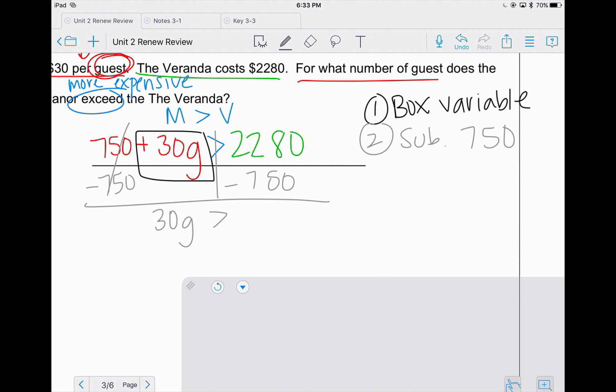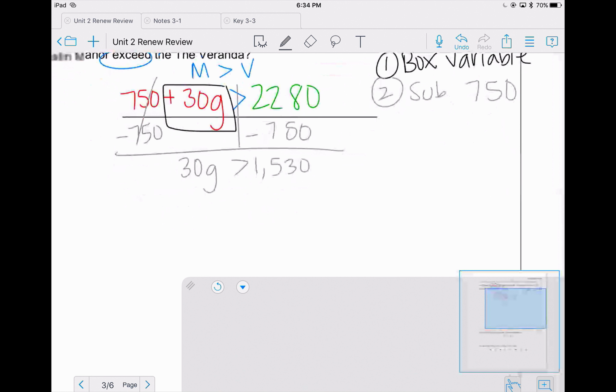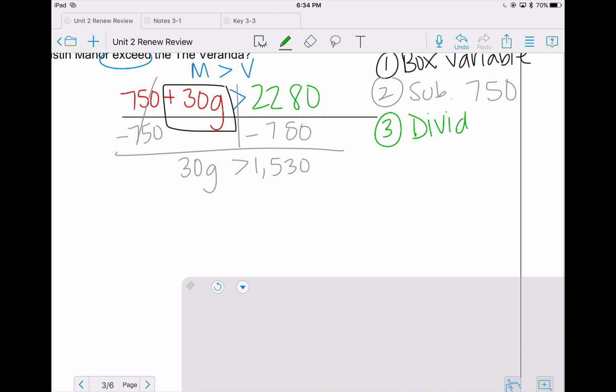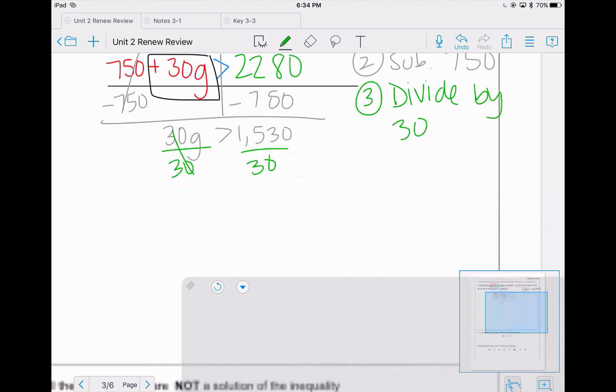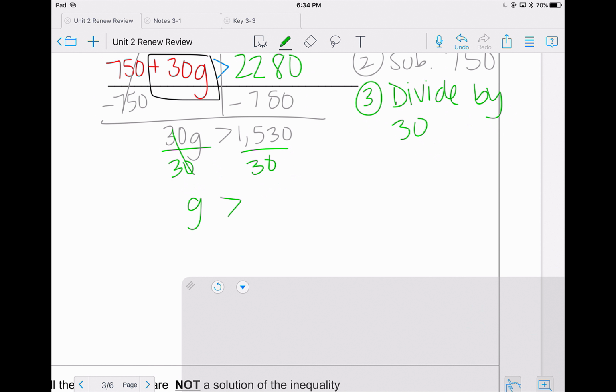And then I have 2,280, and I'm subtracting 750, so that is 1,530. From here, I'm going to divide by 30 on both sides because 30G is attached through multiplication. When I divide by 30, I get 51.